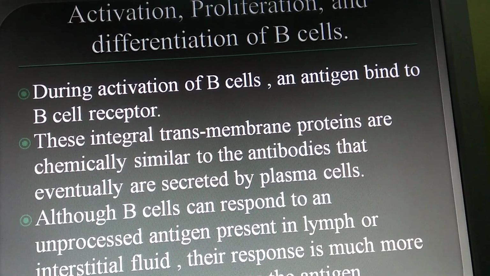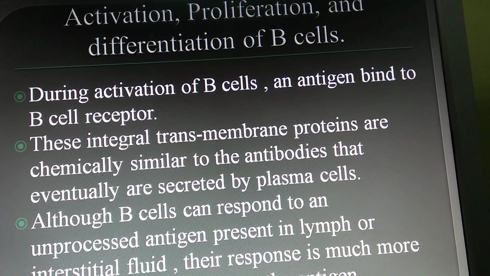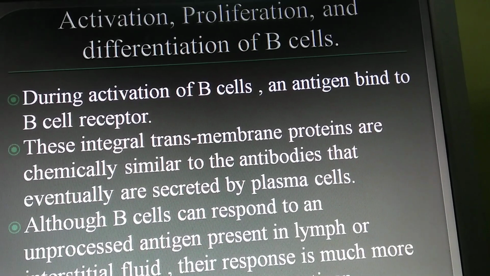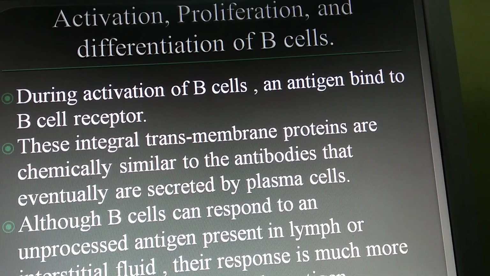Now, during activation of B cells, an antigen binds to the B cell receptor. Antigen is produced by the viruses or bacteria. These integral transmembrane proteins are chemically similar to the antibodies that eventually are secreted by plasma cells, which are formed by the B cells.